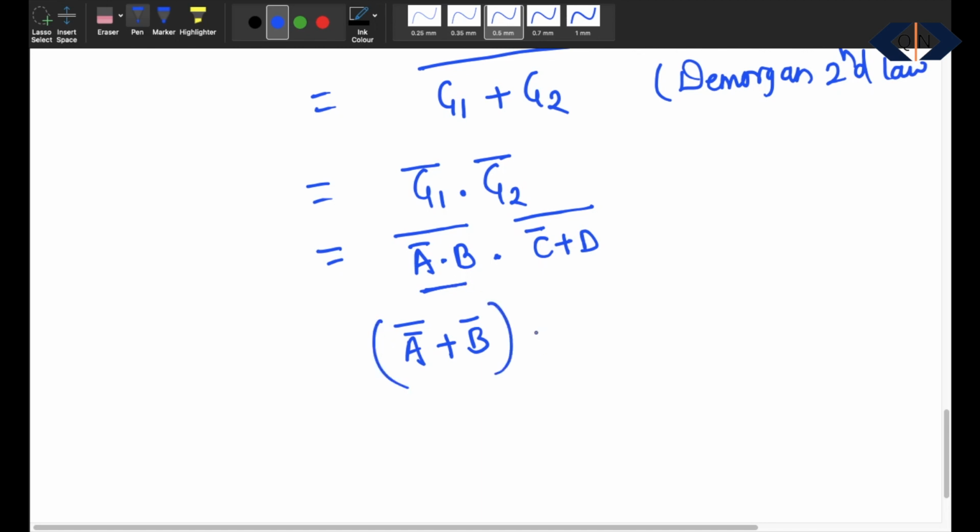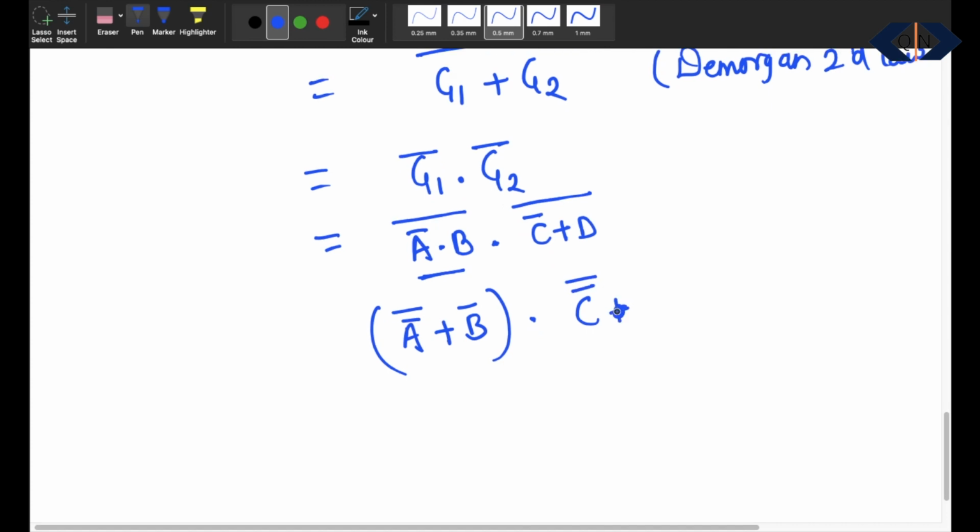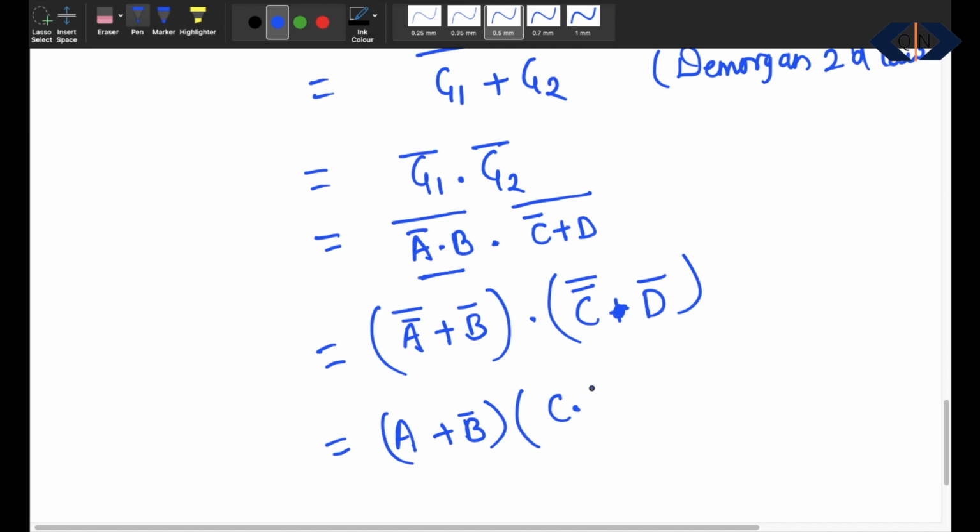And second, it will be (C bar) bar dot D bar, right? So here we are utilizing both the second law as well as the first law. Now from yesterday's understanding, we can say a bar of bar will cancel each other and we will get A plus B bar, and second, it will be C dot D bar, right?